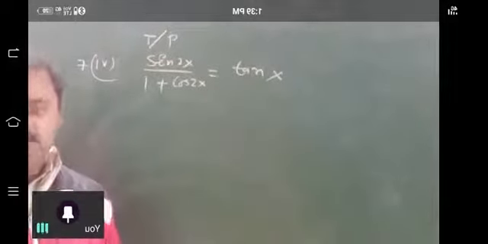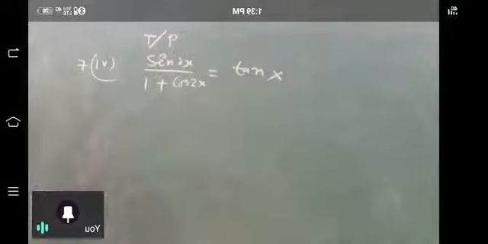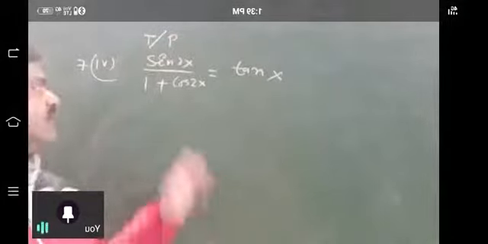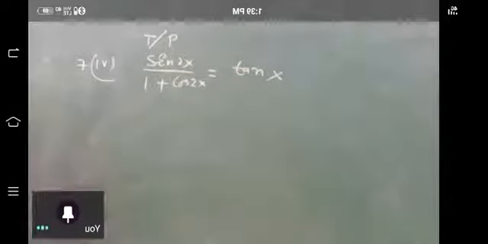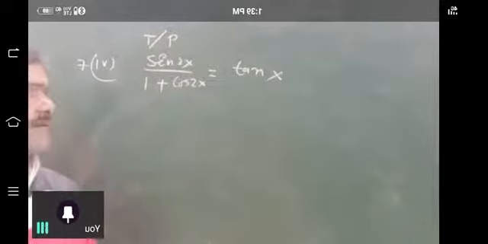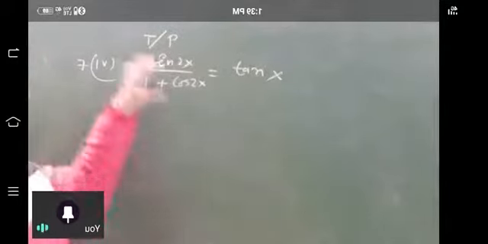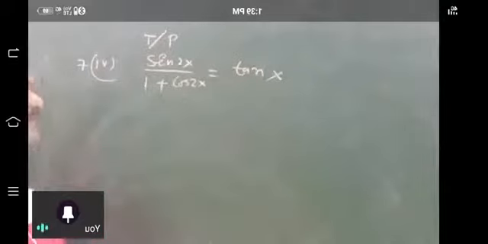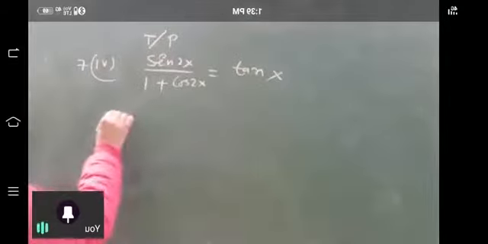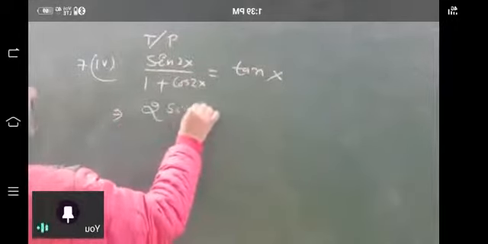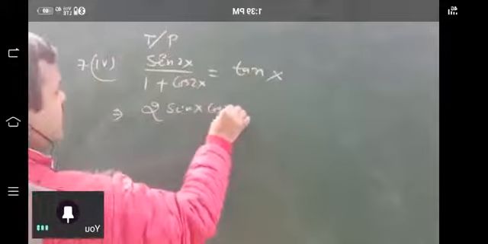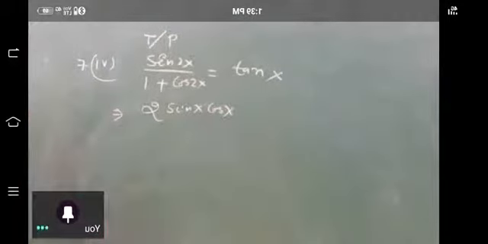Now, students, if you are going to prove any identity, and if there is a 1 with cos x, then always cancel the 1 by using the identity of cos 2x, so that your identity or equation may be simple. Here, sin 2x can be written as 2 sin x cos x. This is the identity of sin 2x.